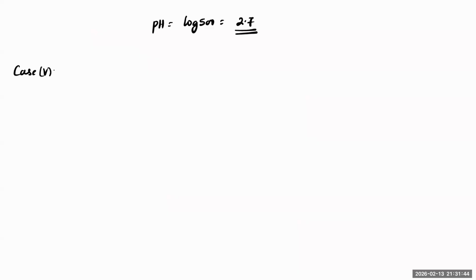Case 5 is when you have a weak acid and another weak acid is added. So this is weak acid 1 plus weak acid 2.